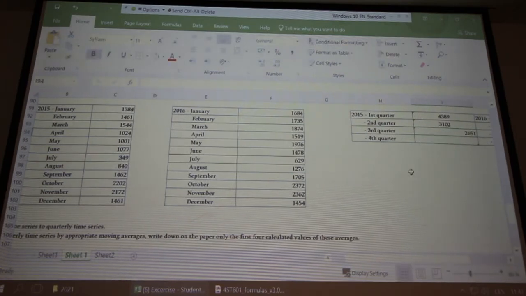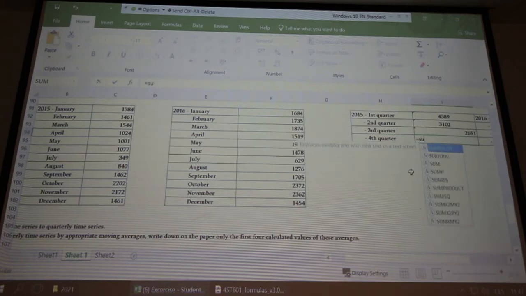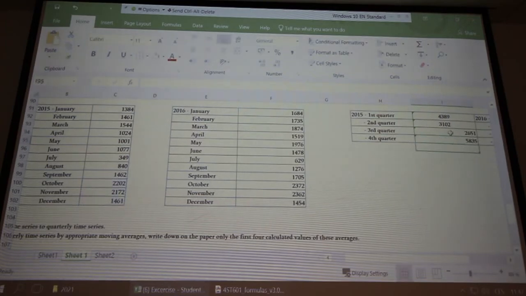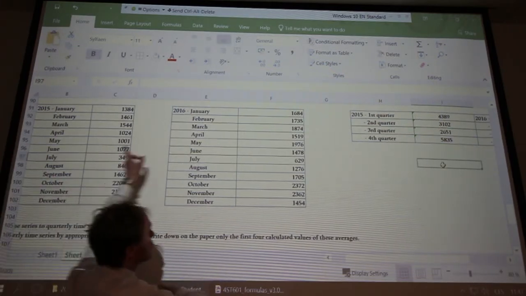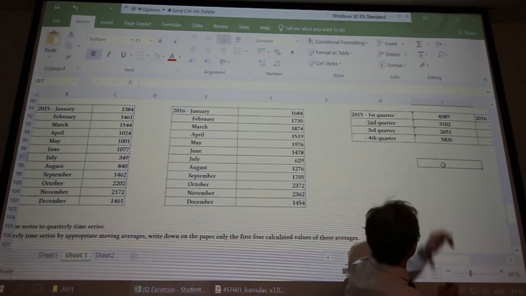And finally, equal sign, summation, October, November, December. So this is the first year, year 2015, transformed to a quarterly data set.